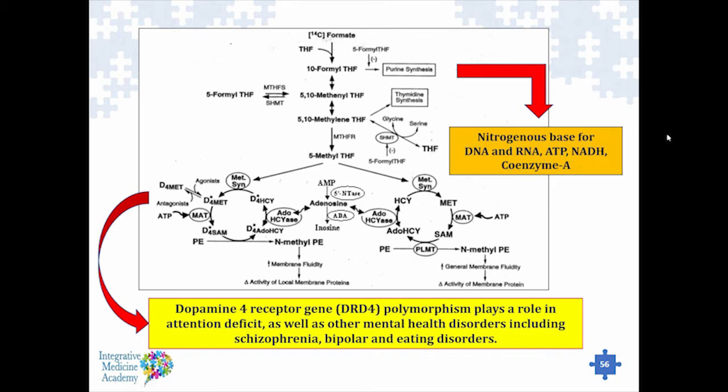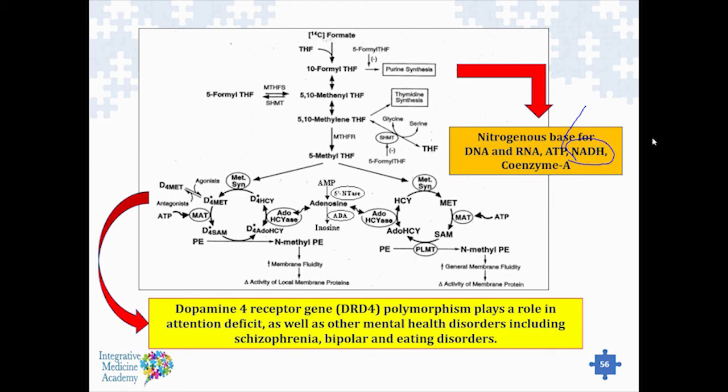It has an influence on ATP, so it has an influence on mitochondrial activity, and interestingly enough, it has an influence on nicotinamide adenine dinucleotide levels. If we were to take this all the way back, we know that NADH not only supports mitochondrial activity, but NADH is also a recycling chemical for BH2 to BH4 conversion. And we need the BH4 to help in the scenario we just talked about of phenylalanine to tyrosine conversion.